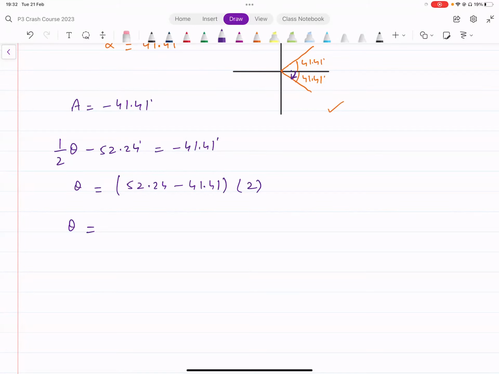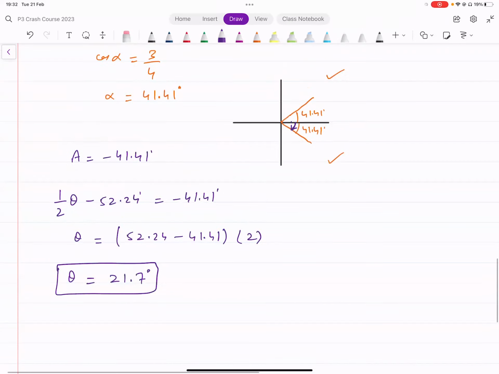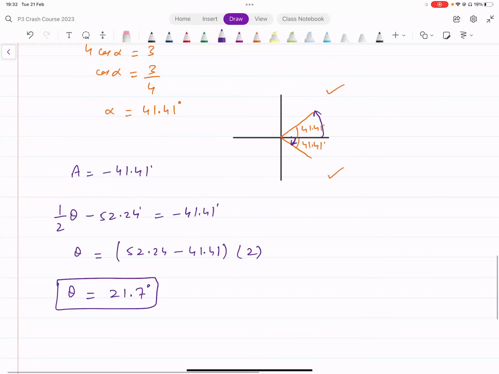So the value of theta that we get is 21.7. This is the smallest positive value of theta that we have. If we had used 41.41, that would have also given us a value of theta, but that would have been bigger than 21.7, and that would not be the smallest value of theta in that given interval.